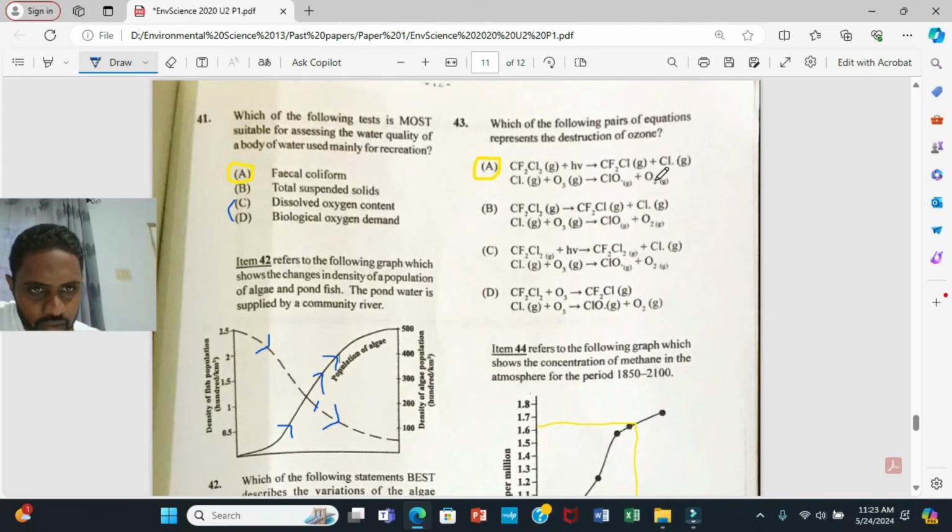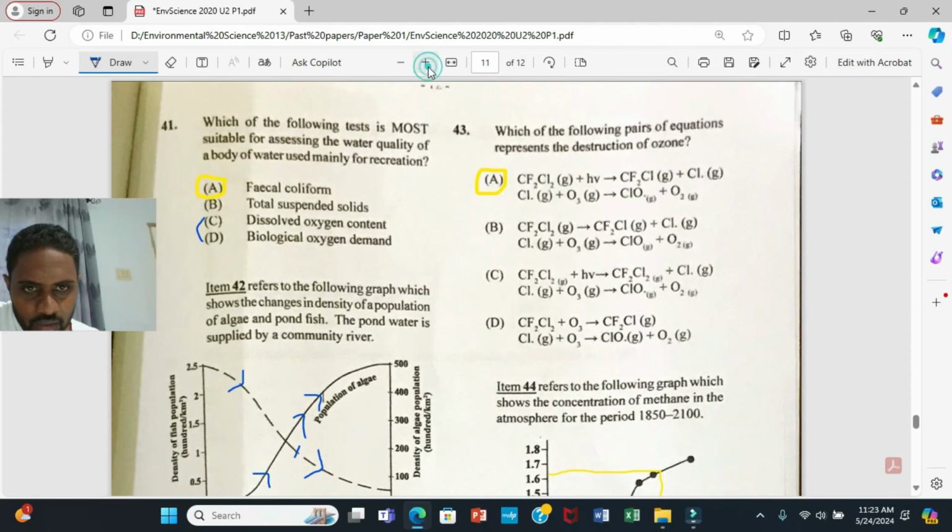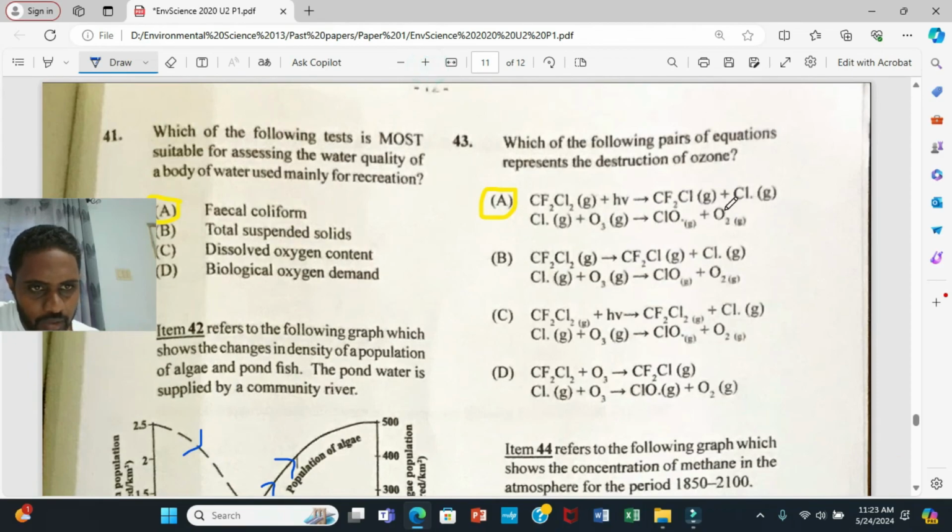What happened is that, as you can see here, let me expand it, for this one, a radical of chlorine is produced from the reaction. Now this chlorine would be able to react with one molecule of ozone down here, breaking up the ozone to form more oxygen.